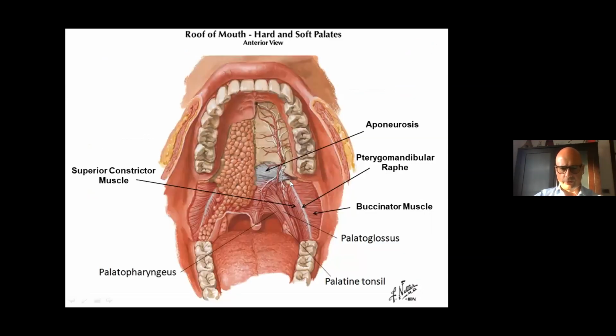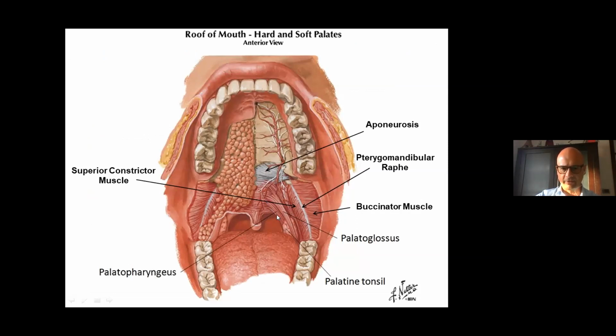In this picture, you can see the anatomy better. So the raphe, the annulus, and then laterally you have the buccinator muscle, and medially you have the superior constrictor muscle. This is the anterior pillar, and this is the posterior pillar. The posterior pillar is the palatopharyngeal muscle.